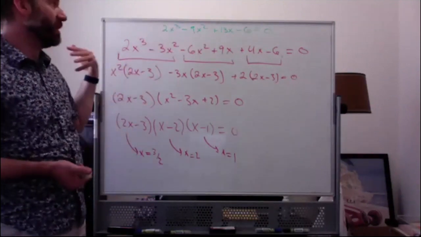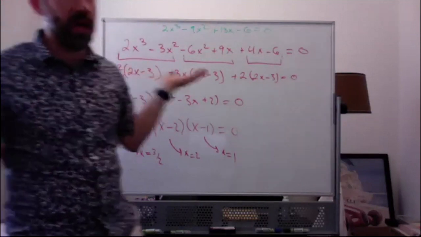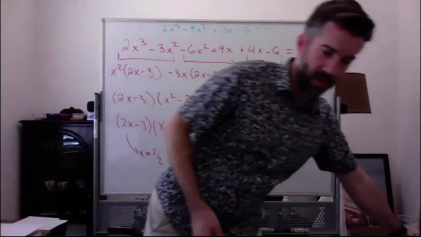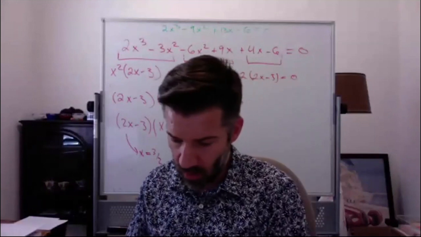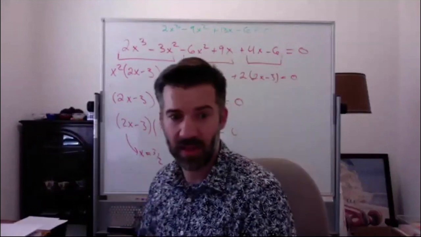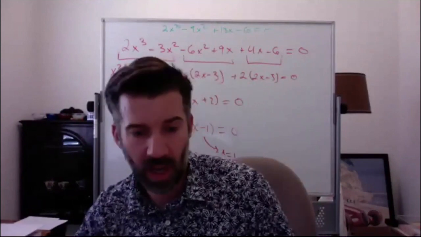So if we were given this and asked to factor it, there are methods. There's something called the rational zeros theorem, which lets you kind of guess at possible zeros, but it's not foolproof. So if I was given something like that and asked to factor it, here's what I would probably do. I would probably use Desmos.